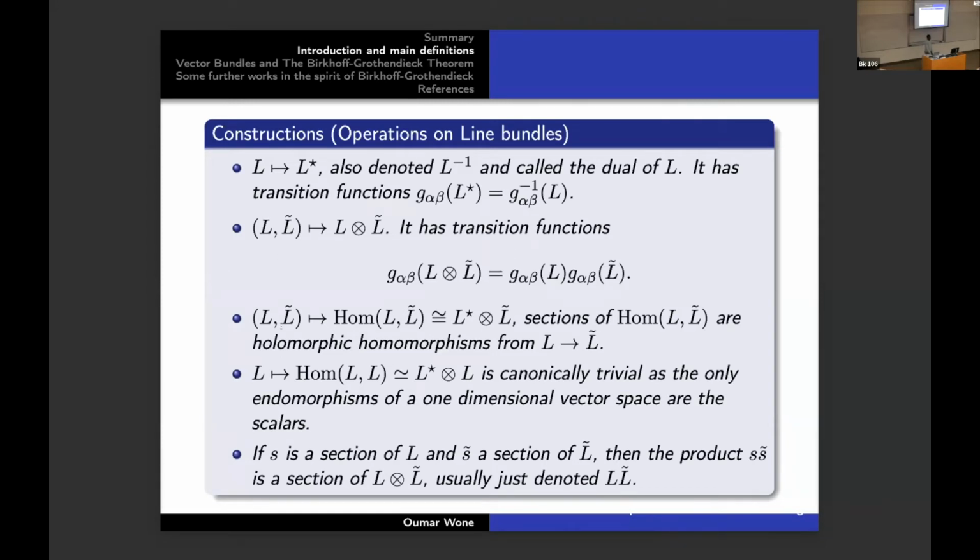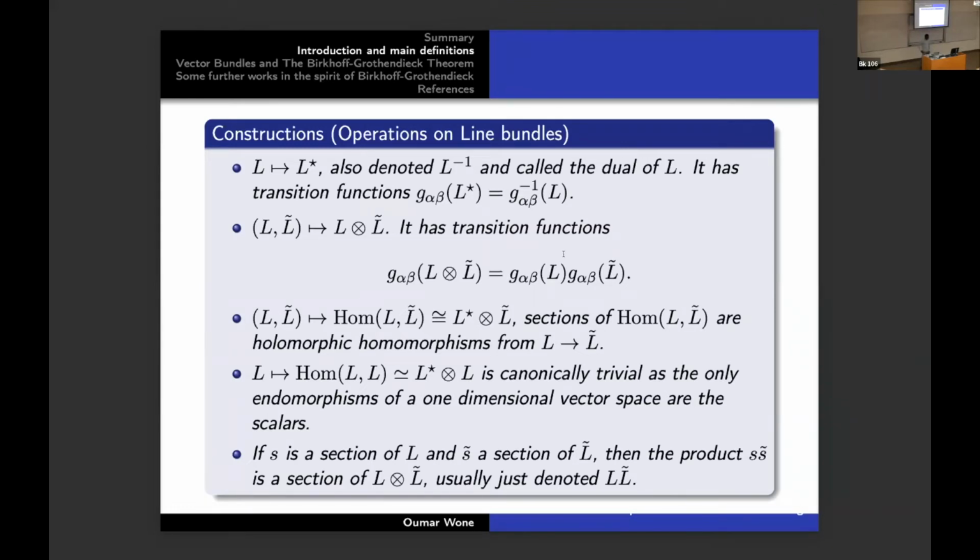Now, given two line bundles, we can take the homomorphism between L and L2. And by definition, it is the tensor product of the dual of L times L2. And the sections of the homomorphism bundle from L to L2 are by definition the holomorphic homomorphisms from L to L2.